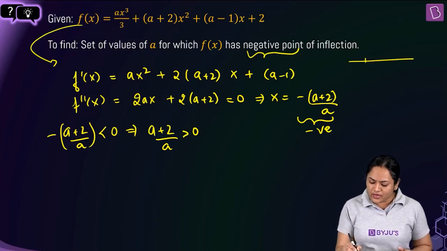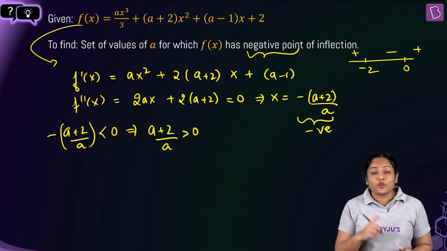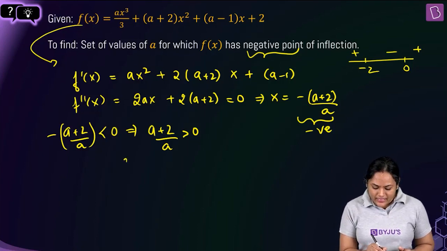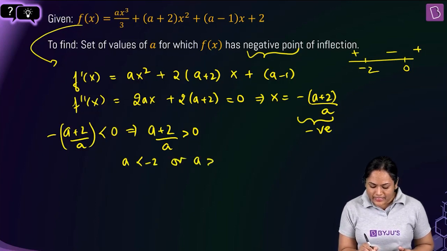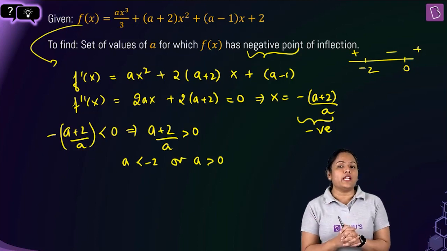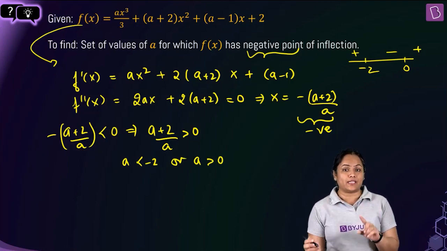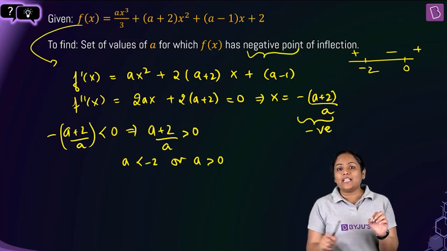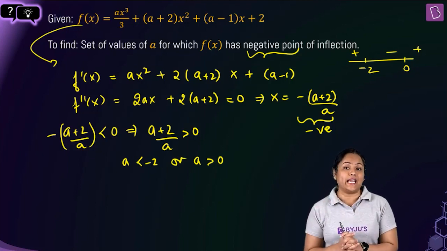The critical points are −2 and 0. And then it's plus, minus, plus. So if it is greater than 0, I can say that a either should be less than −2 or should be greater than 0. So this is the set of values for which f''(x), wherever it's 0, that value of x will come out as negative.